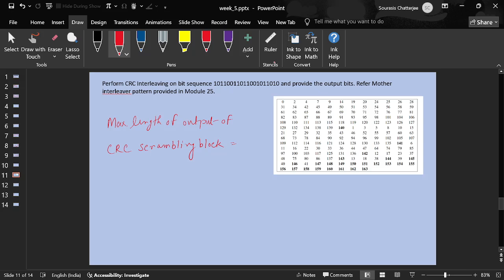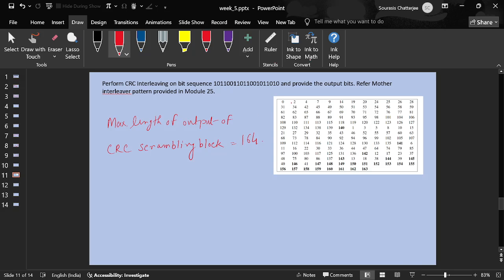In downlink, my DCI is limited to 140 bits. If I append a 24 bit CRC, that makes a maximum of 164 bits, which is the maximum possible output of the CRC scrambling block. So my mother interleaver pattern is a sequence of length 164. You are saying we call it the mother interleaver pattern because we can find the interleaved sequence for any DCI sequence length.